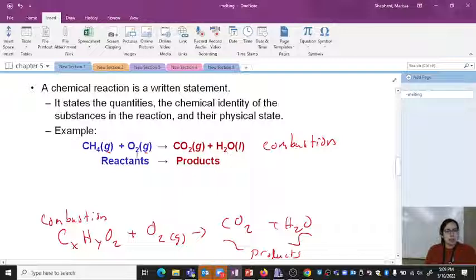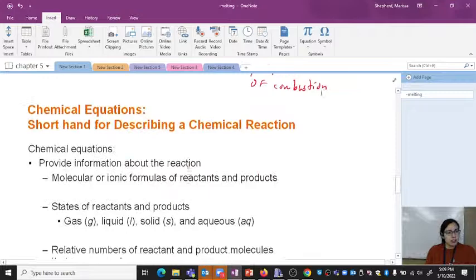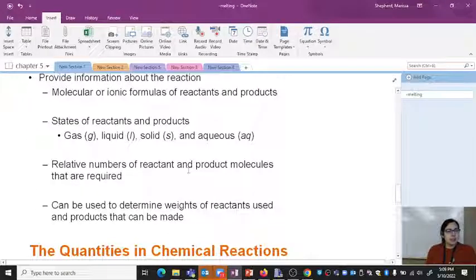And so normally, we'd also want to balance our equation. Right now this is just unbalanced, but that's the next step. The relative numbers of reactant and product molecules that are required, so we need to balance our equation.